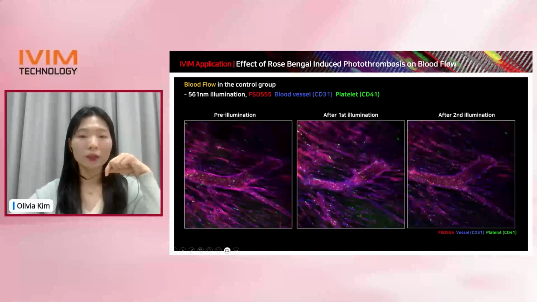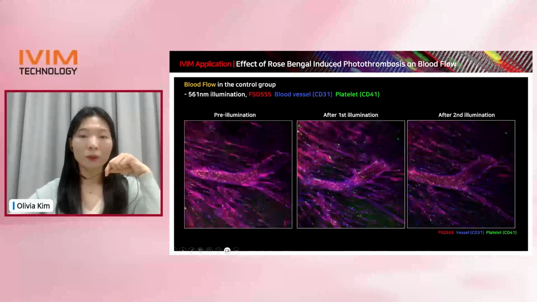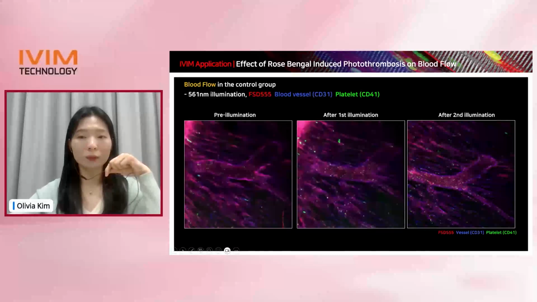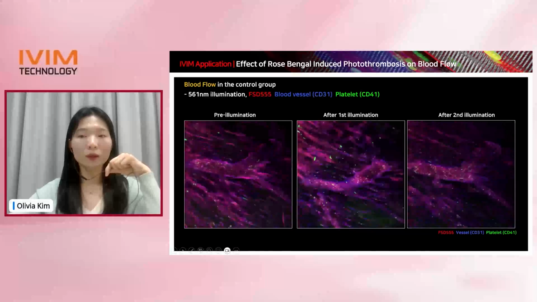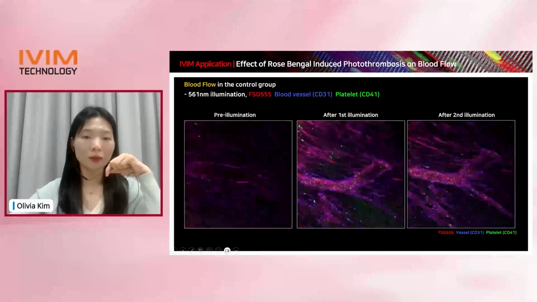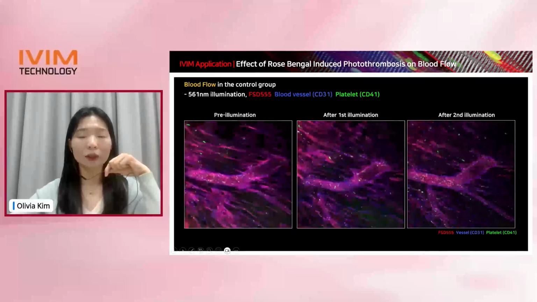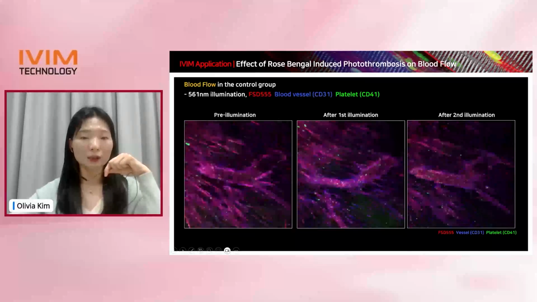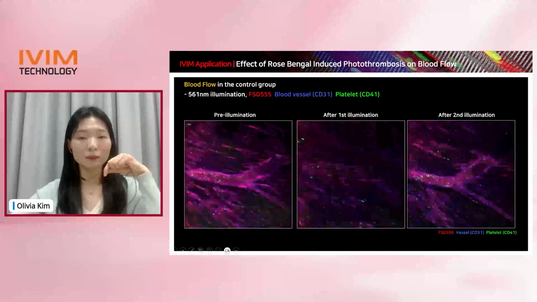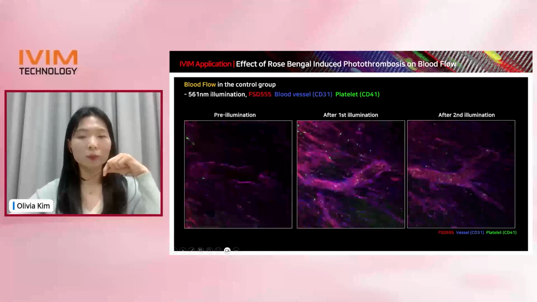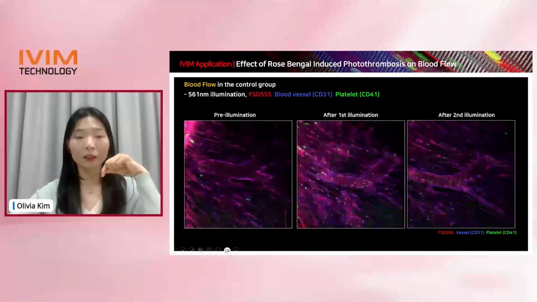The tissue was irradiated under the same laser conditions, and platelets were stained to assess whether they accumulate within the blood vessels. When comparing the image before laser irradiation and after repeated laser exposure, we observed no noticeable changes in platelet flow and even in microvasculature. There were no signs of platelet aggregation or flow disturbance. These results confirm that thrombosis was specifically induced by Rose Bengal rather than by the laser irradiation alone.